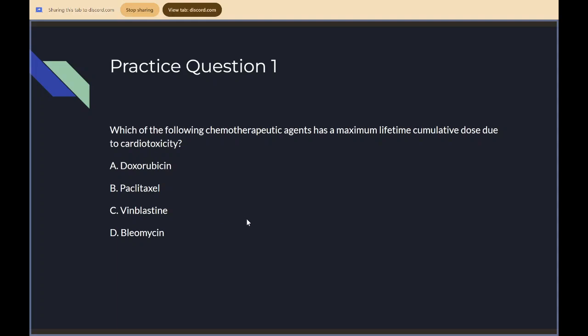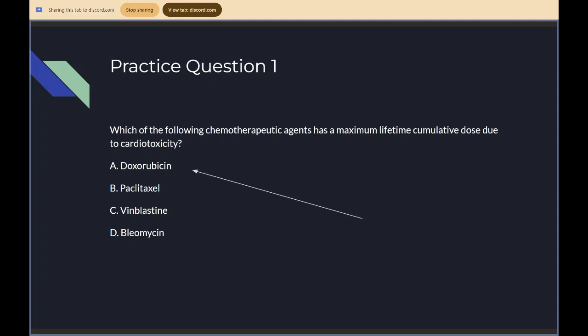All right. So everyone so far has chosen A, and A is the correct answer. Let's talk about why. Anthracyclines have a recommended lifetime cumulative dose due to cardiotoxicity.